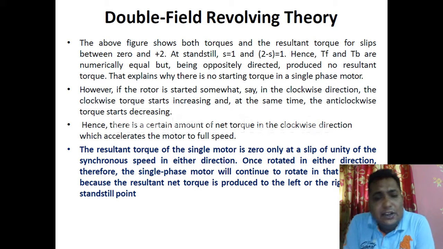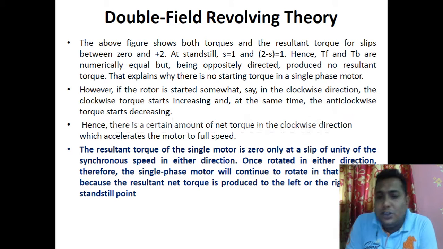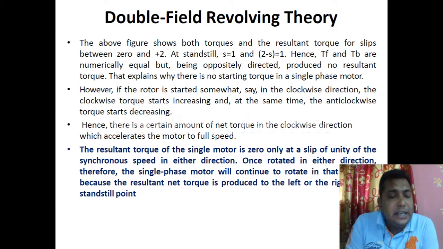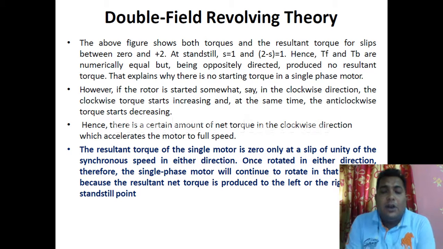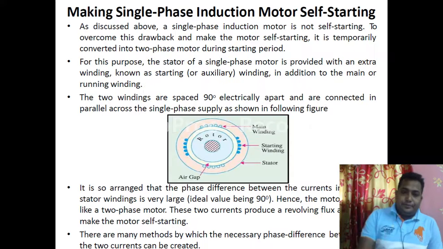The resultant torque of the single phase induction motor is zero only at a slip of unity of the synchronous speed in either direction. Once rotating in either direction, the single phase motor will continue to rotate in that direction because a resultant net torque is produced to the left or right of the standstill point.